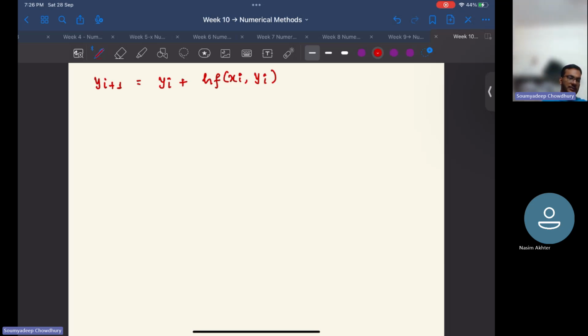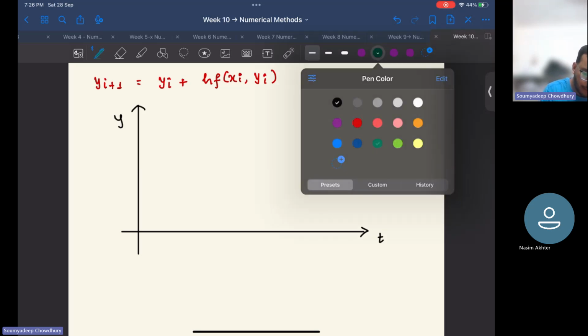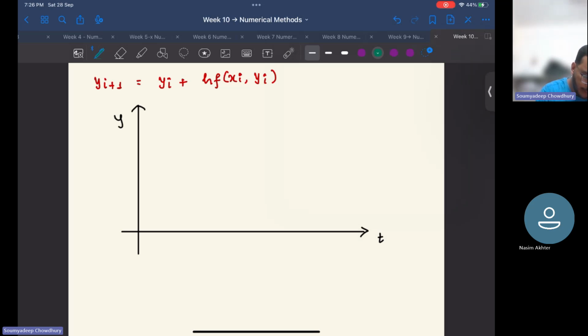We'll try to understand how we can calculate it using a graphical approach. Suppose this is t, this is y, and this is the actual solution of the function, right?